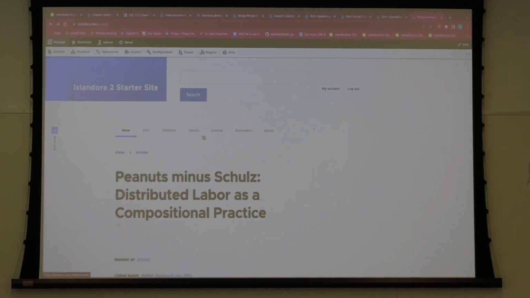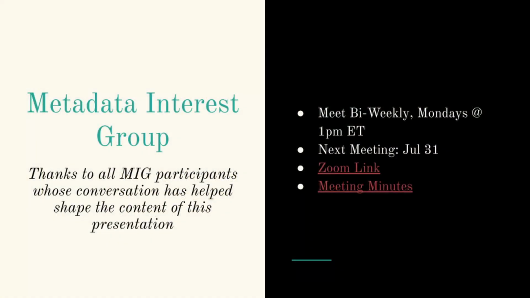So I leave it with 2 slides just to follow up. Plug for the metadata interest group. We meet bi-weekly for the most part, although we've been monthly over the summer. Our next meeting will be Monday the 31st, where we'll try to talk about what we all learned at IslandoraCon.